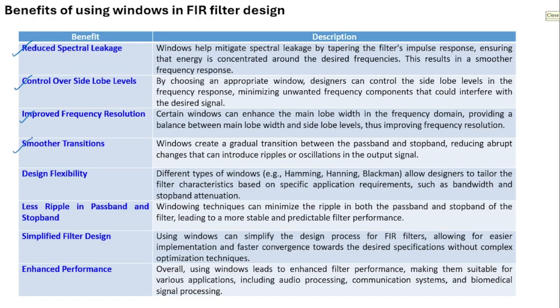Smoother transitions happen. Design flexibility: we can have a large number of window functions, and from there we can choose which window function to use. Less ripple in the passband and stop band, simplified filter design and enhanced performance.